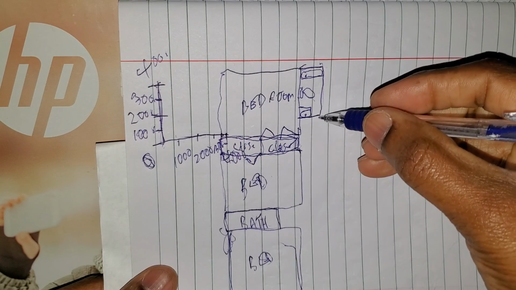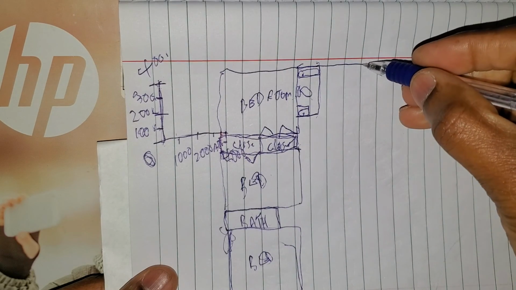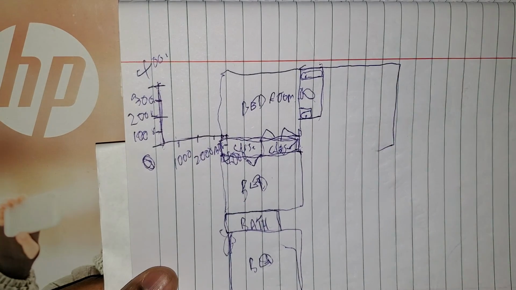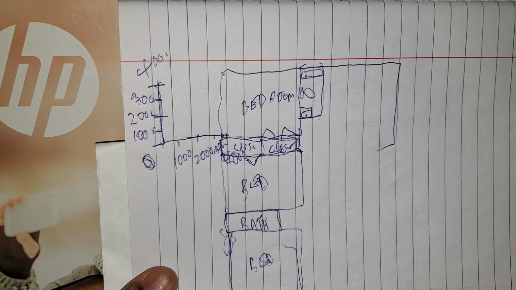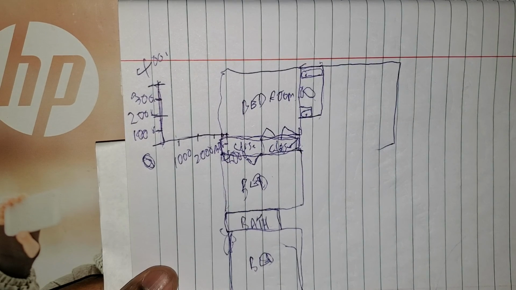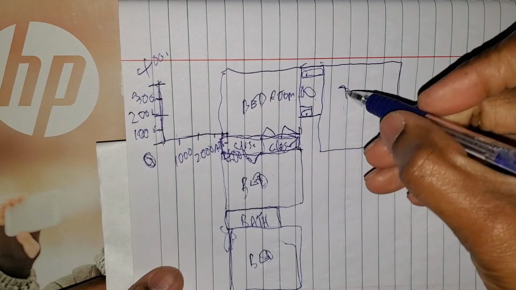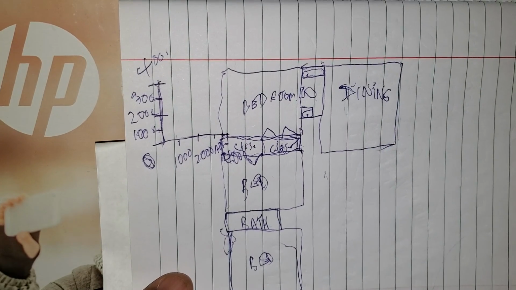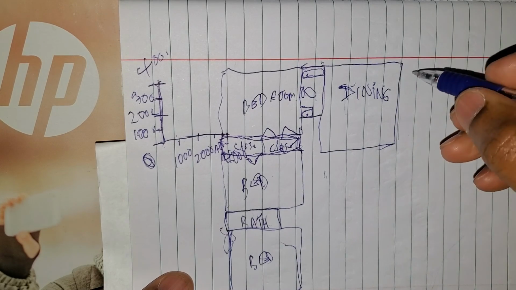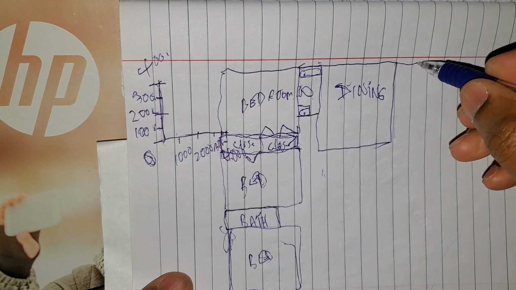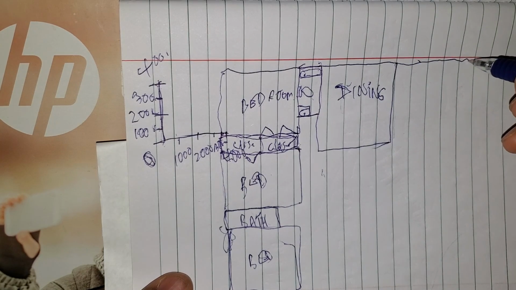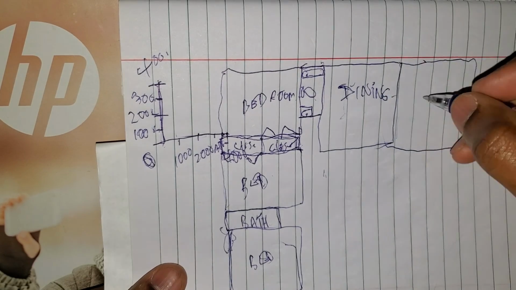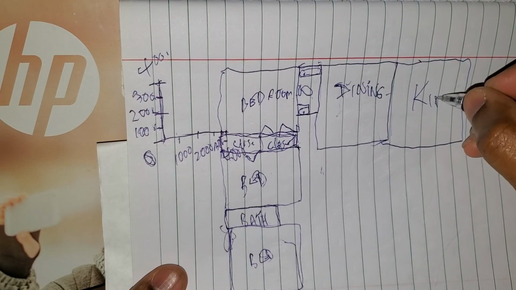Now, from this, I could have my dining room here. And from this dining room, we would have a kitchen beside this. So we have a kitchen here. Dining and kitchen here. Dining and kitchen. This could be an open concept.